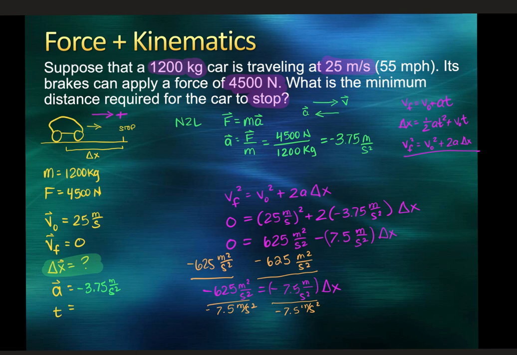And I'm going to get 625 divided by 7.5. I can't write below it just because of the way my screen works on what I'm writing on. So delta x, I came out with 83.3 repeating. And notice that my units work out to just be meters. So it requires at least 83.3 meters for that car to stop.